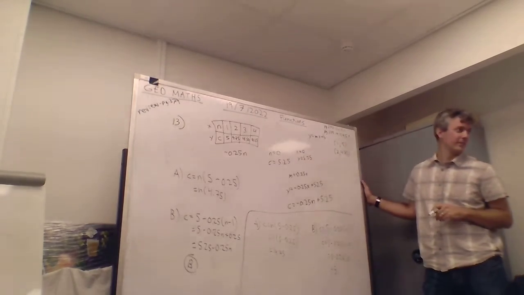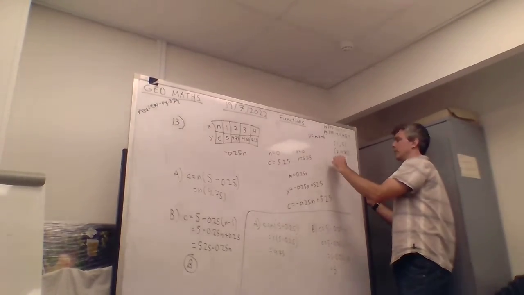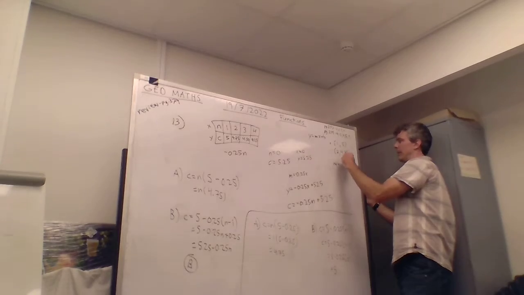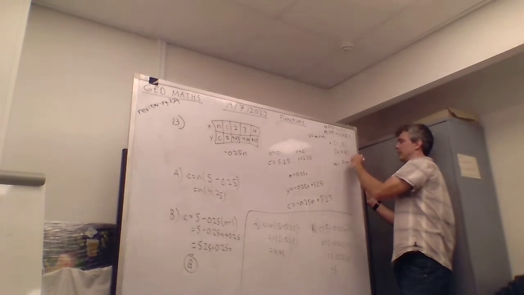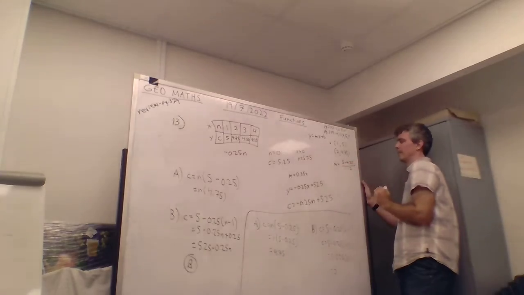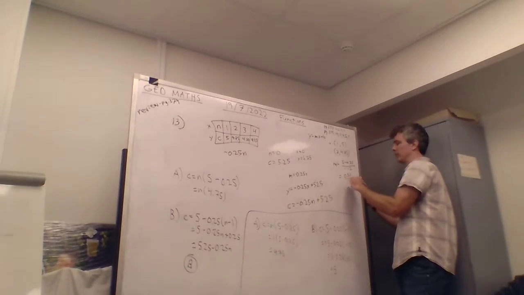I have 2 points. Do you remember how to solve the equation of a line from 2 points? You first find the slope, which is going to be, let's make this 2 and this one 1, just for simplicity, 5 minus 4.75 over 1 minus 2. So this becomes 0.25 over negative 1, which is negative 0.25.